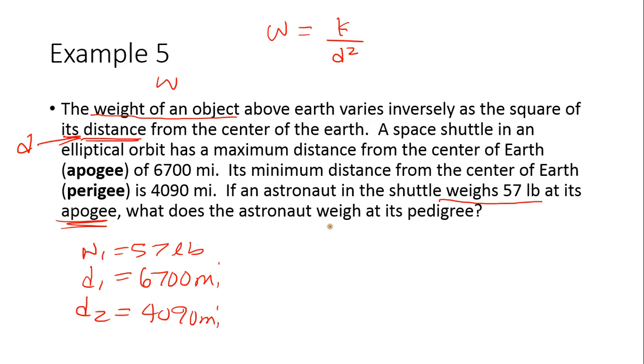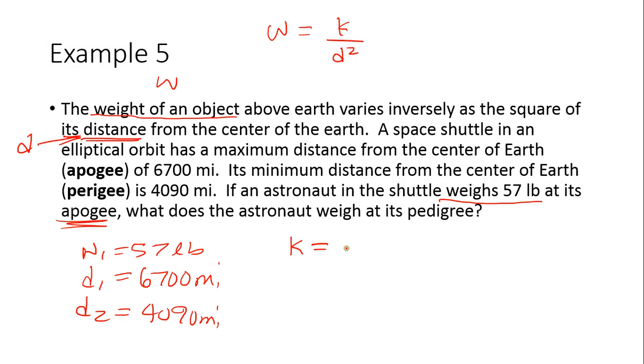So we have that basically K equals WD squared, which is 57 pounds times distance D1, so it's basically going to be W1 D1 squared.